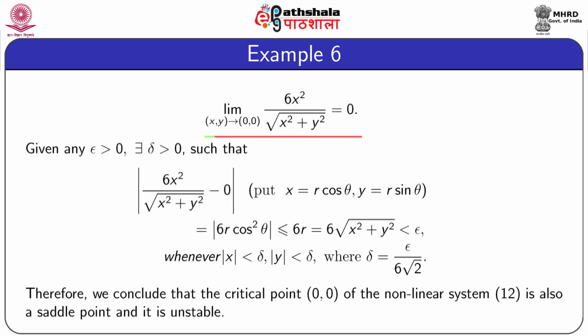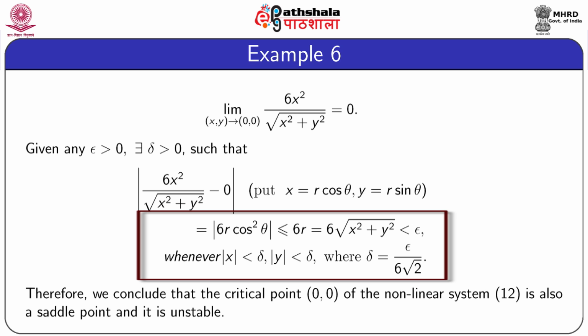Now, here we prove that the limit as (x, y) tends to (0, 0) of 6x square divided by root of x square plus y square is equal to 0. We use the delta epsilon definition to prove the value of this limit. So, in the format that given any epsilon positive, there exists a delta positive such that mod of the function f(x, y), which is in this case 6x square divided by root of x square plus y square, minus 0 as the limit is 0, is equal to mod of 6 r cos square theta.